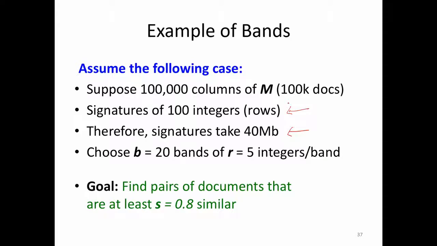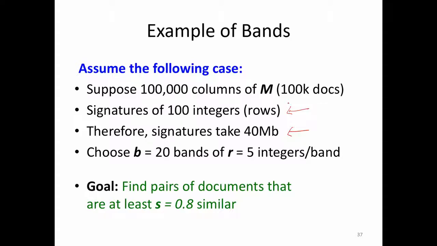Now you have, let's say, 100 rows, and you do the banding trick and you choose 20 bands, each of size 5 rows, or 5 integers per band. So your bucket here is going to be defined using 5 integers.